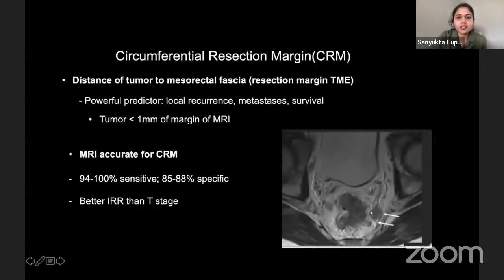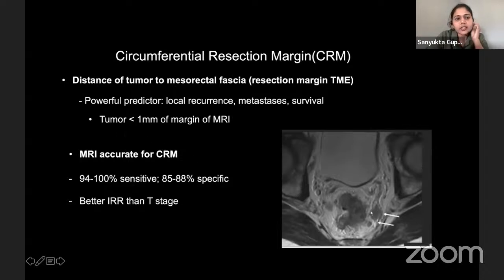So we have this CRM, and you need to define the CRM status on MRI. What is the CRM? It is the distance of the tumor to the mesorectal fascia. It basically defines the resection plane for the surgeon. It has to be defined in terms of the tumor distance from the MRF, the nodal distance from the MRF, and the deposits, if any present, whether they're sitting on the mesorectal fascia or what is the distance away.